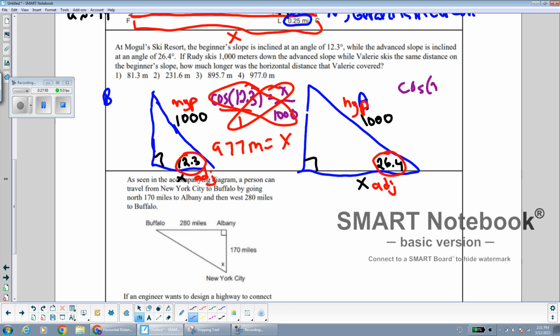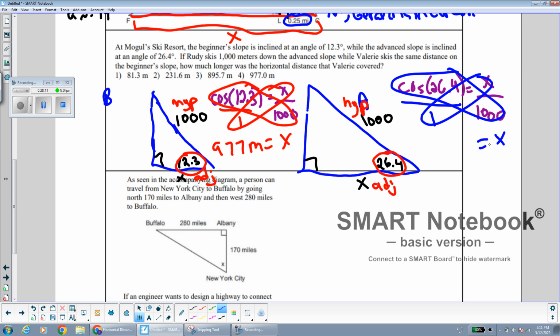Cosine of 26.4 is equal to x over 1,000. x is equal to 1,000 times cosine of 26.4. That's about 896 meters.